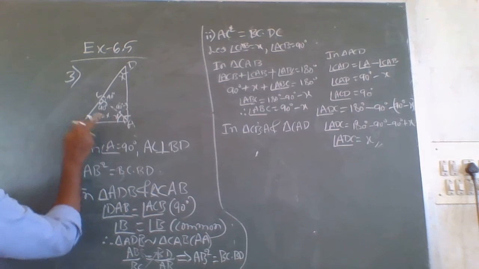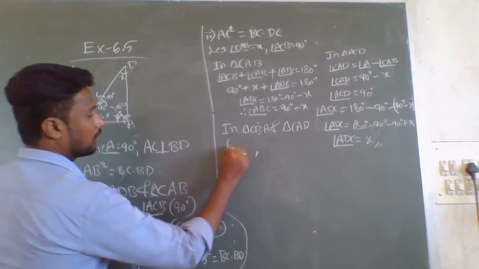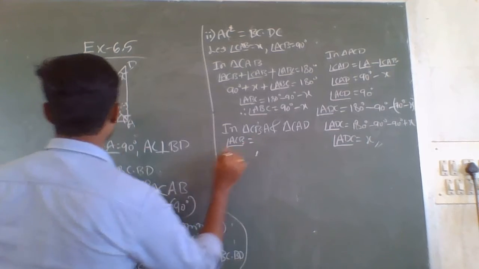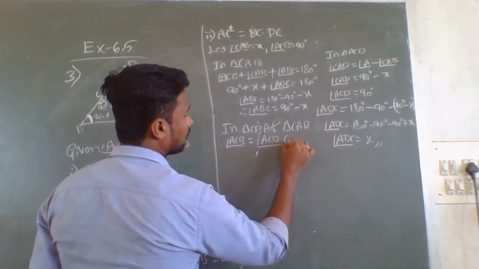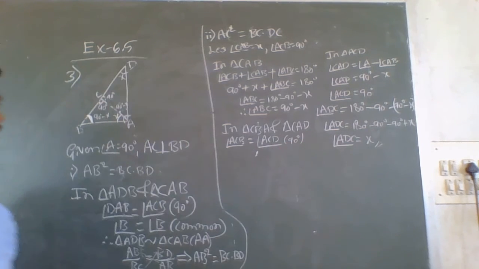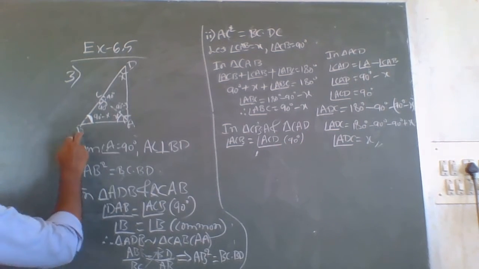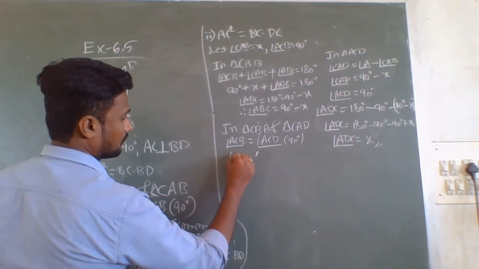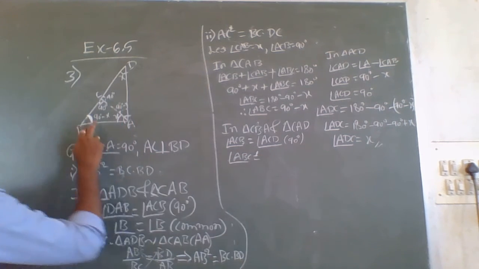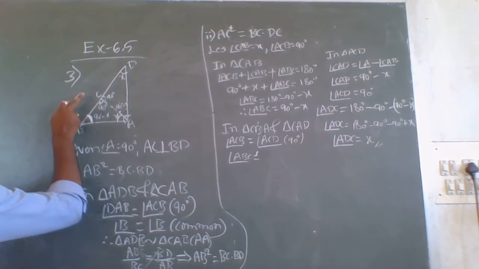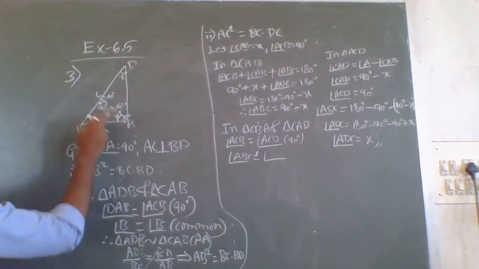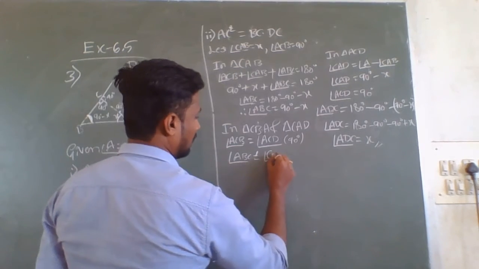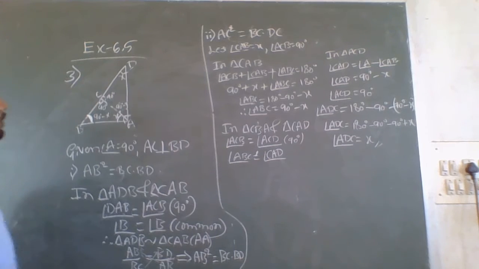Therefore, angle ACB equals angle ACD, both 90 degrees. Angle ABC is 90 degrees minus x, and angle CAD is also 90 degrees minus x.